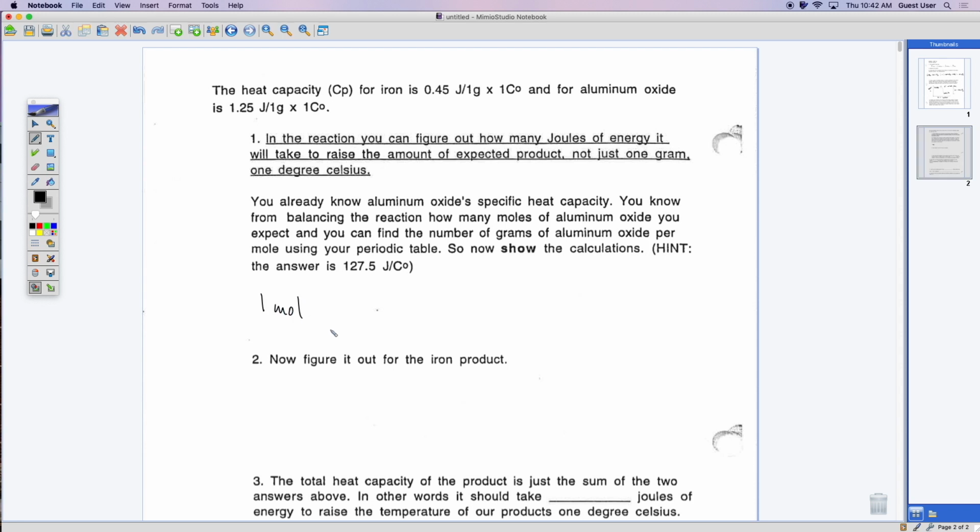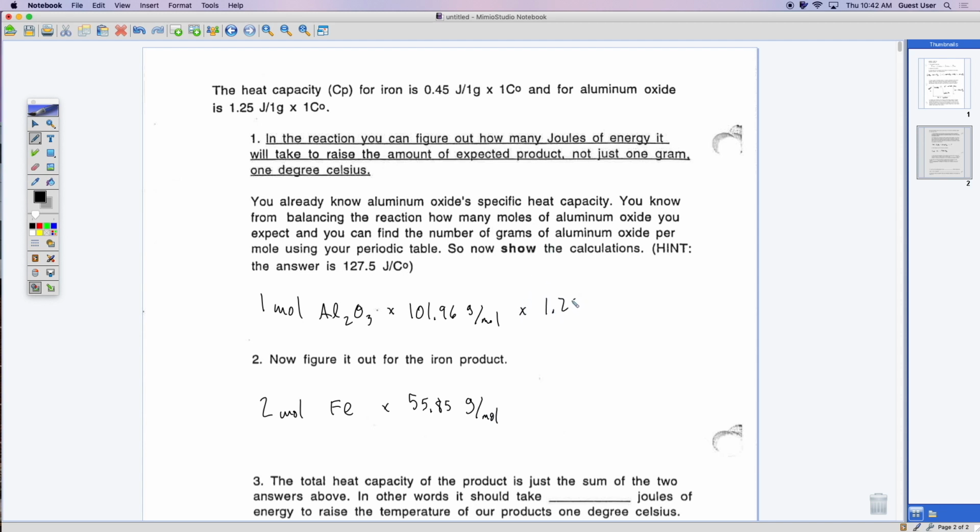So you should have looked at 1 mole of aluminum oxide here and 2 moles of iron here. You should have multiplied it by its molecular weight of 101.96 grams per mole and 55.85 grams per mole. And then you multiply it by that specific heat.